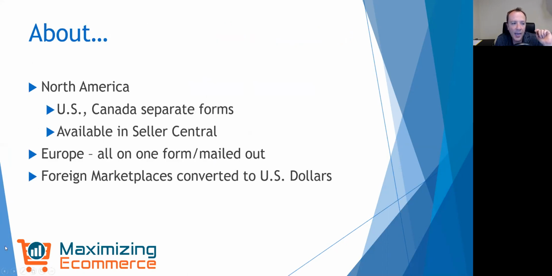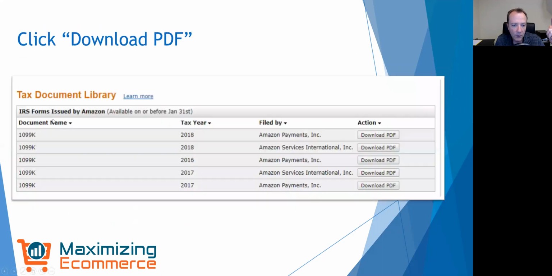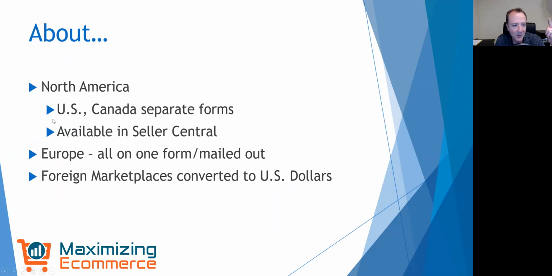In North America, you're going to get one 1099 for the US, and you're going to get a separate one for Canada, assuming you have met the criteria for each particular marketplace of $20,000 in unadjusted gross sales, in US dollars, and 200 transactions.